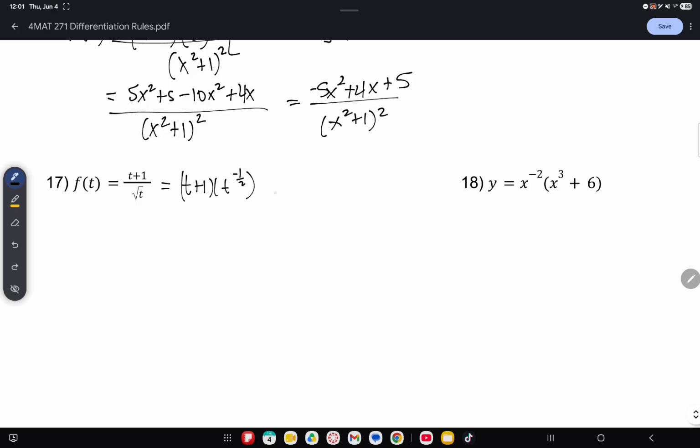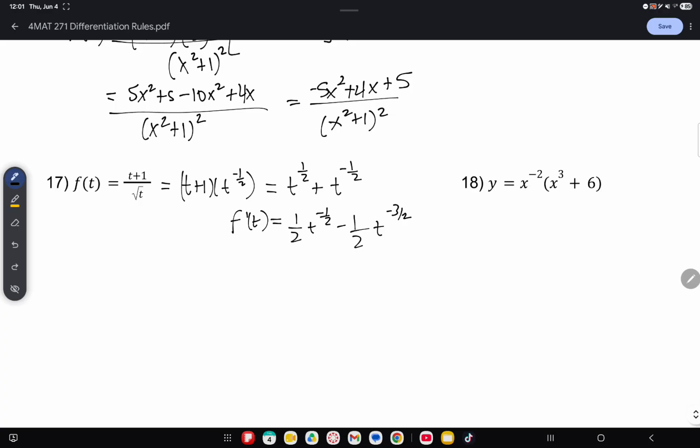And then we could distribute and make that t to the 1/2 plus t to the -1/2 and do power rules here. So 1/2 t to the negative 1/2 minus 1/2 t to the negative 3/2. That to me is a little bit quicker than doing quotient rule.